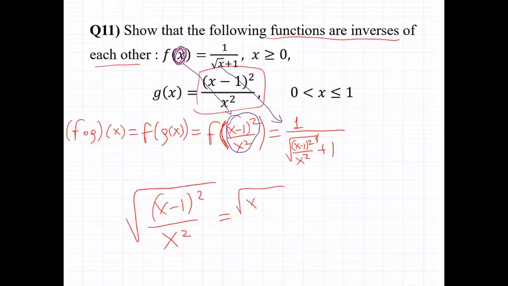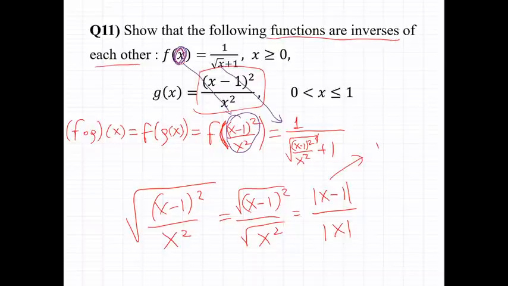You can distribute the square root to the numerator and the denominator, and we know this will be equal to the absolute value of x minus 1 over the absolute value of x. Now we have to know what this is, like, this is plus or minus here, and this is plus or minus. So is it negative or positive? What tells us it's positive or negative?